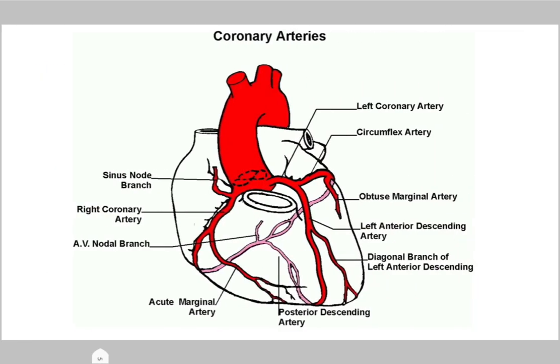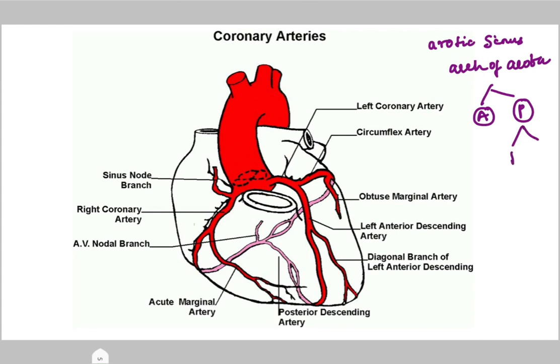Coming to the coronary blood vessels, it has coronary artery and coronary veins. First thing, coronary arteries. The coronary arteries arise from the aortic sinus, from the arch of aorta.